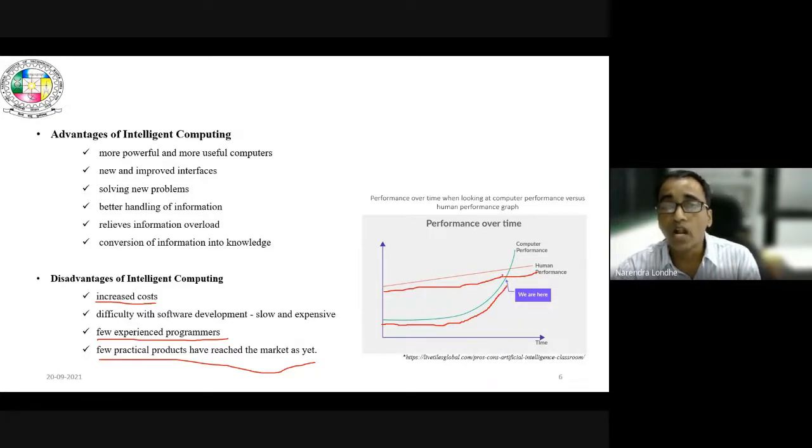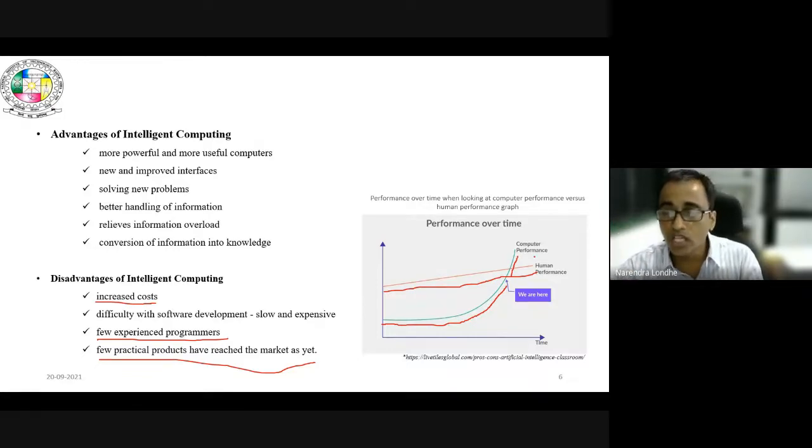With the increased ability of the computers to handle the nonlinearity of the data, information processing, larger data sets, and the ability of experienced programmers to design complex programs, we are going to cross human intelligence, and sometime in the future you will see computers building their own intelligence on their own and performing tasks, taking decisions, solving problems on their own expertise. That is how the systems will be in the future, right?